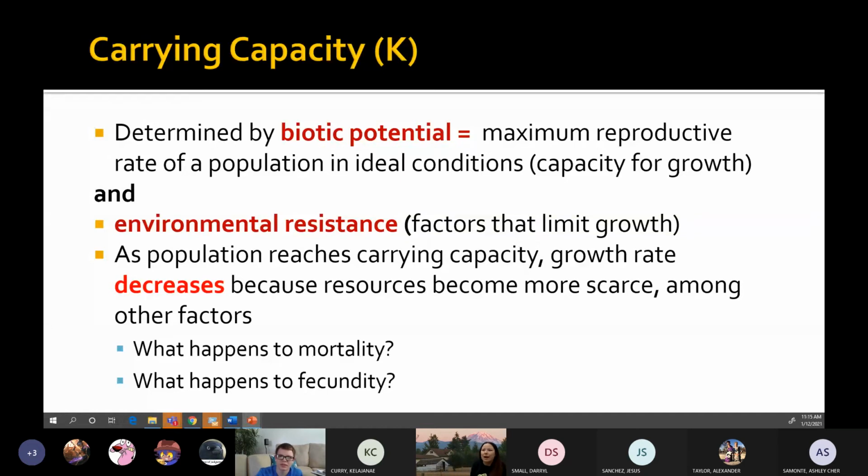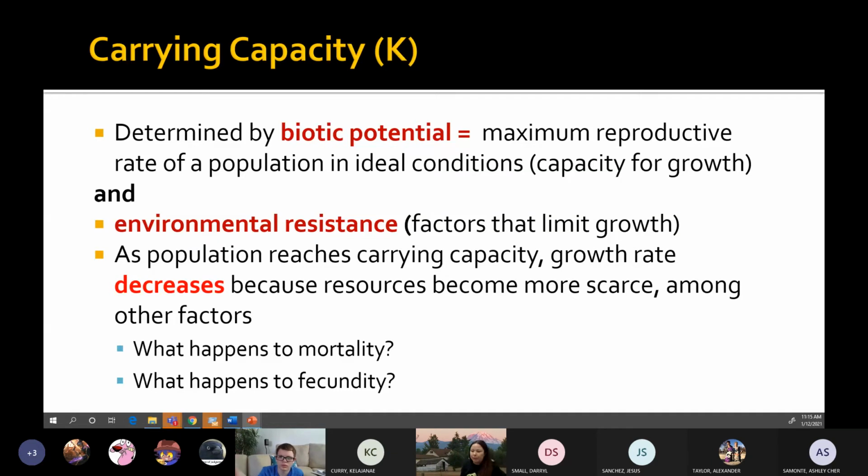Decrease. I would agree with you guys. It would be a little bit more of a decrease. Once you hit the carrying capacity, then you'll see an increase. But up until you get to that point, it's going to be a decrease in mortality.